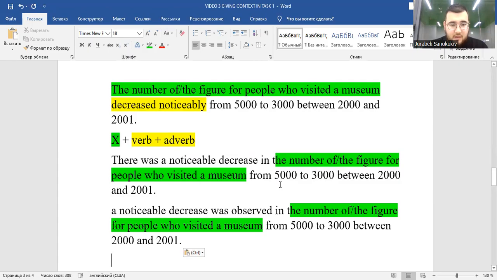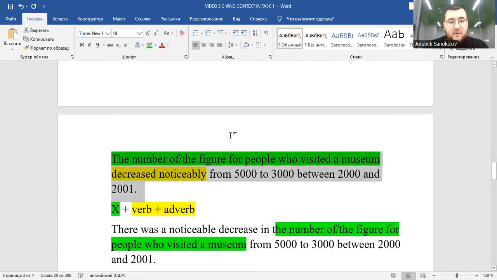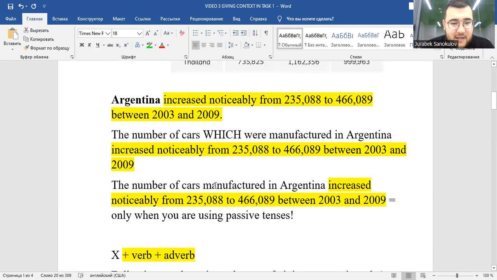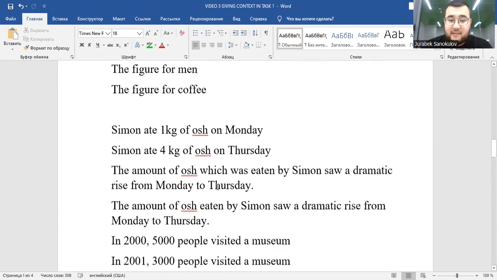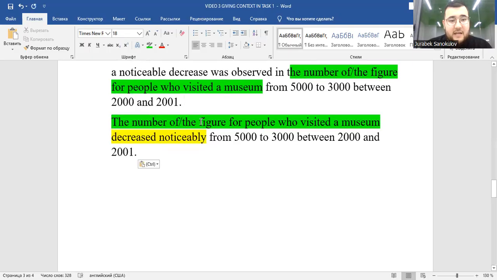So now I'm going to show you another thing as well. With passives, if you just paid attention, we did this. The number of cars which were manufactured, and instead of saying that, we said the number of cars manufactured in Argentina. We can do the same thing with active tenses, but it's going to look a little different. Instead of saying the number of people who visited, we can say this.